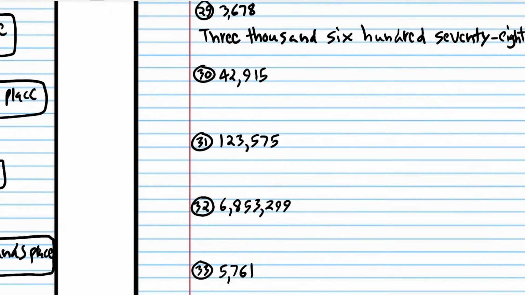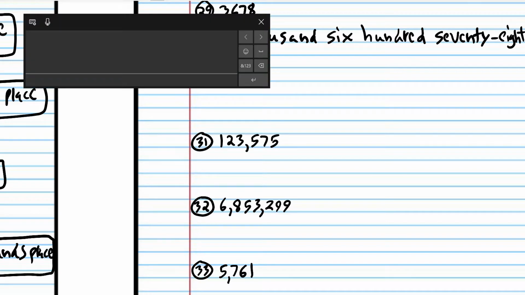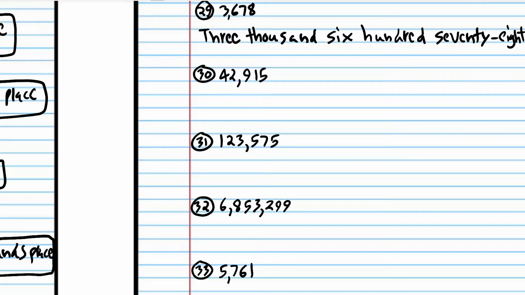Now the 4 is the number farthest to the left, and that number is in the 10,000s place. It's actually a 2-digit number in the second period starting from the right. So that's the thousands period.